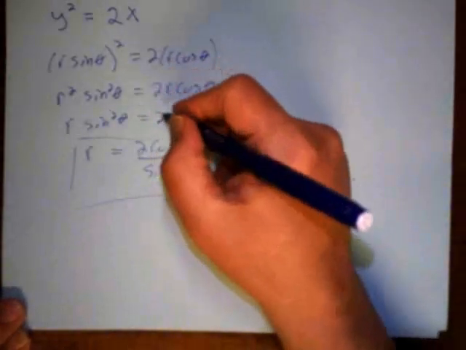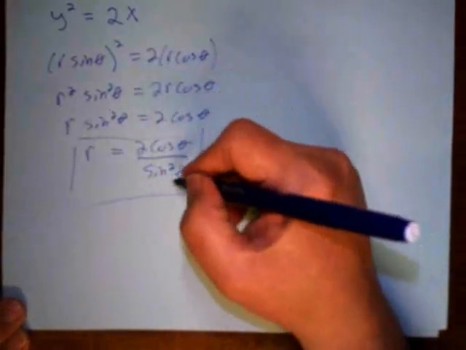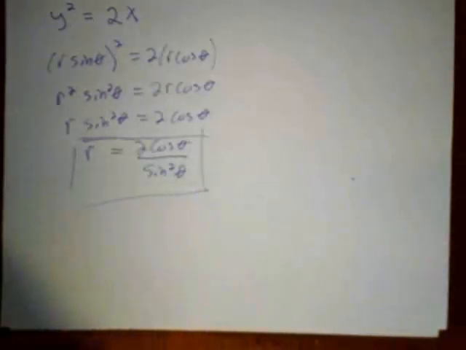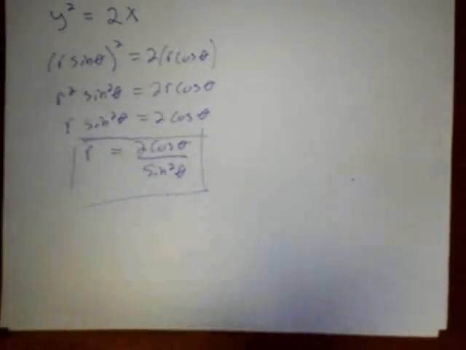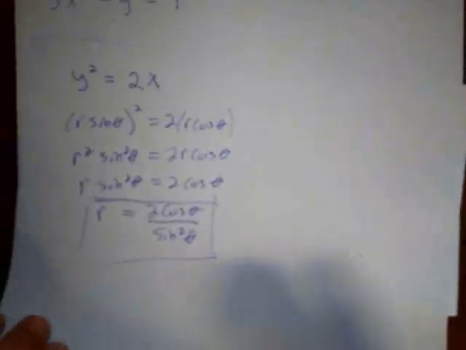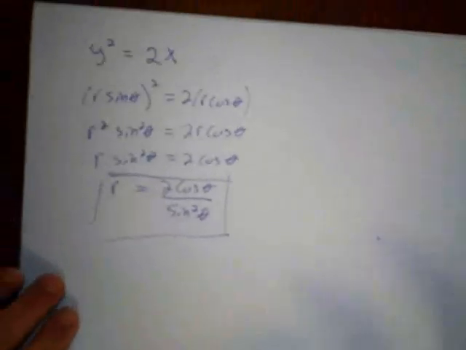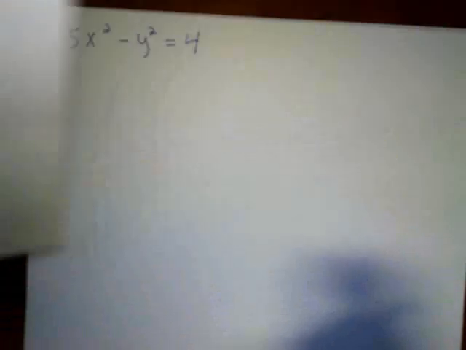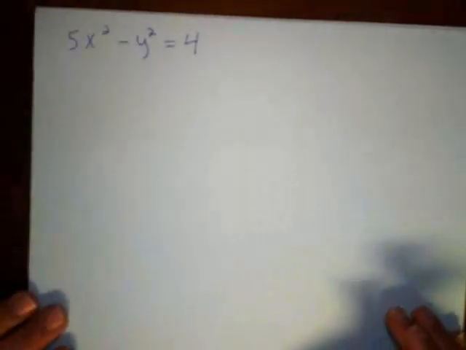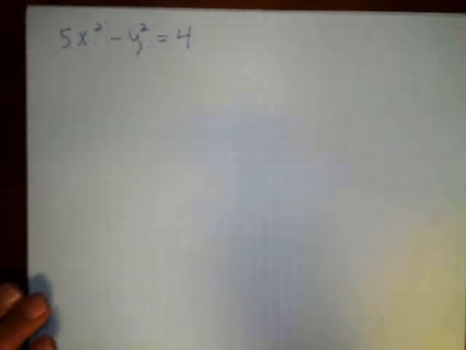But usually, if you can, you want to try to solve it for r, because normally if we can, we like to get our r as a function of theta. And then if you can write it like that, then you can actually plug it into your calculator. And I think this was my last one, or no, I had one more. I had a hyperbola. So let me do that, and then maybe I'll show you how you can plug these into the calculator.